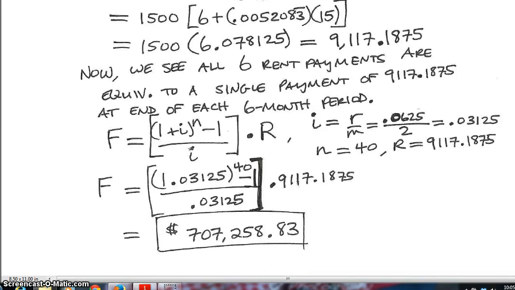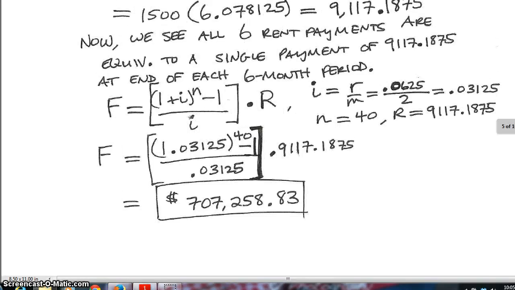Okay, so now that we figured that out, now we can do it just like we were doing before. We just consider that we have a single payment at the end of the semi-annual period of this 9,117.1875. Now use our future value formula.